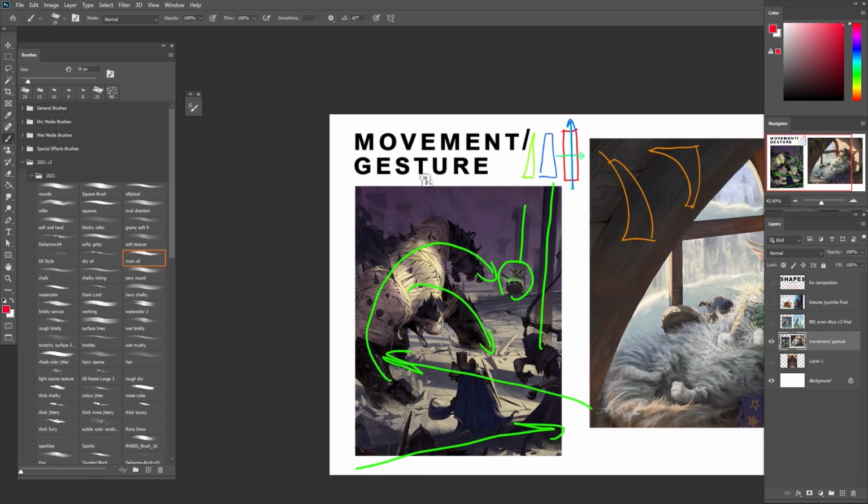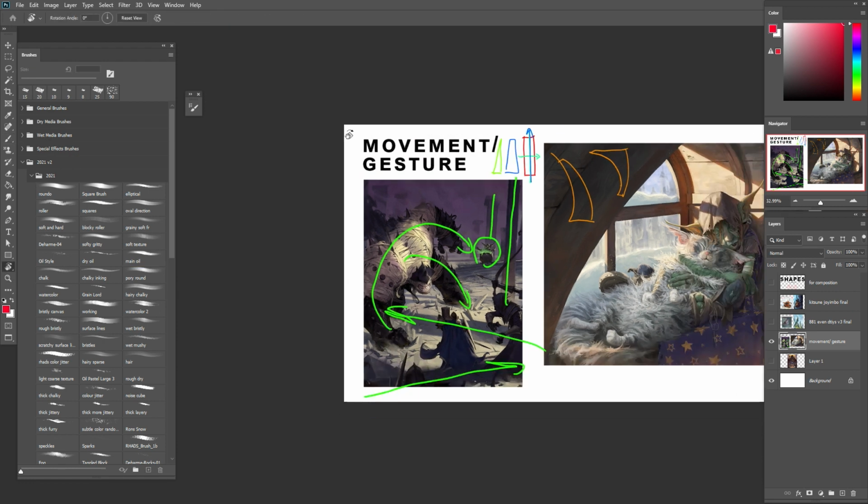when it comes to thinking about gesture as an element of composition, the intention is to be clear about how the viewer's vision will travel through the image.